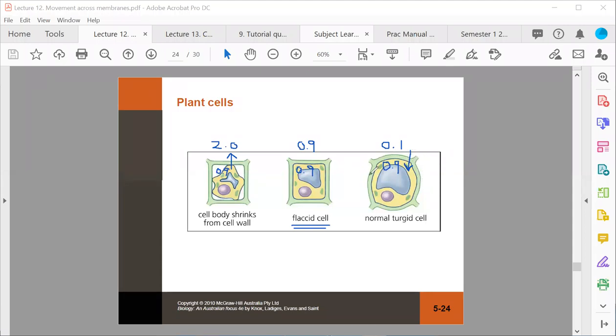It can only expand by about 10%, and then it starts to push back against the plasma membrane. This causes a pressure to build up inside the cell, and this is exactly the state that plant cells need to be in. This is the desired turgid plant cell. You can imagine that turgor pressure inside the cell is required in order for plants to maintain their structure.